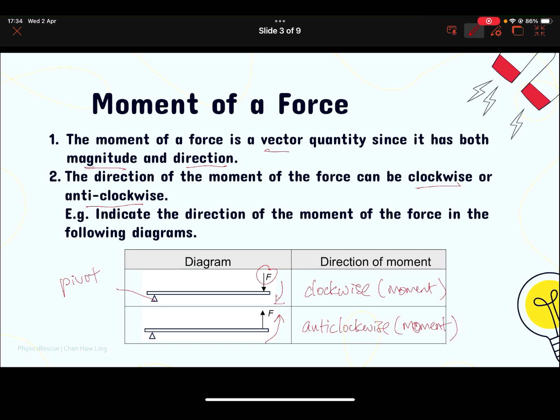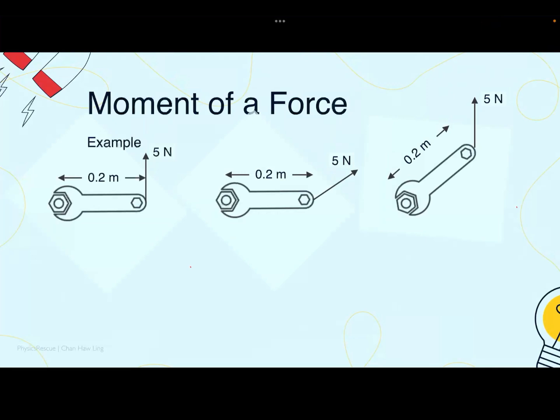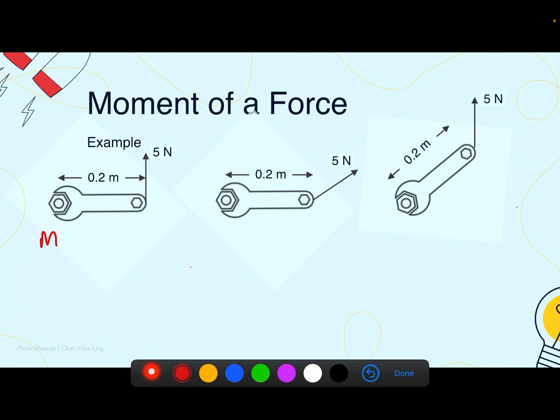We are looking at some examples now to illustrate the meaning of line of action of the force. So we have a wrench here with a 5 Newton force making it turn in an anti-clockwise direction. To find the moment, it is pretty straightforward here. It is just force times perpendicular distance.